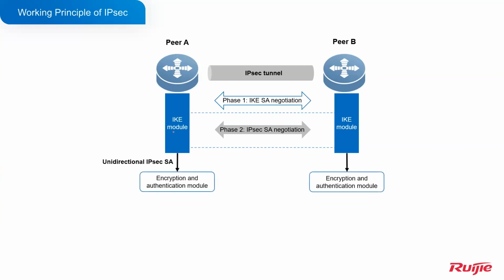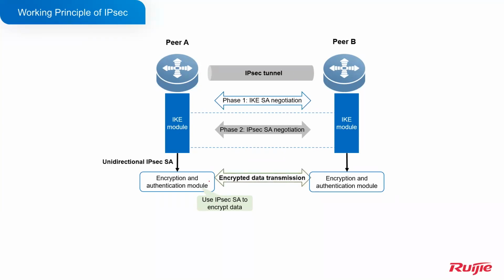And about the IKE module, we will provide the encryption and authentication. And we will use the IKE SA, for example, to also encrypt the message. We will use the algorithm and also the key. We can use this to protect our IPSec SA. Then when we establish the IPSec SA, we can protect our user traffic.